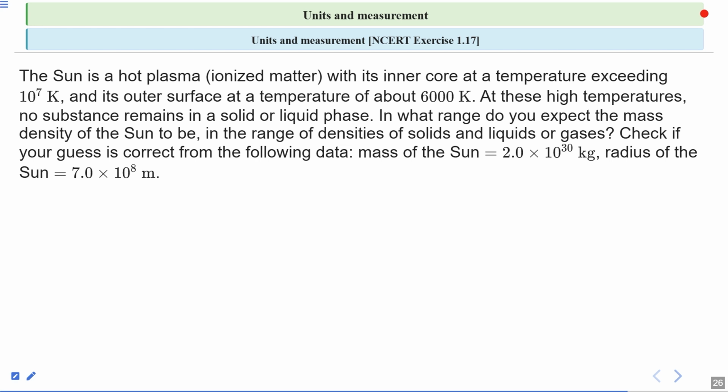At these high temperatures, no substance remains in a solid or liquid phase. In what range do you expect the mass density of the sun to be? In the range of densities of solids, liquids, or gases? Check your guess from the following data.